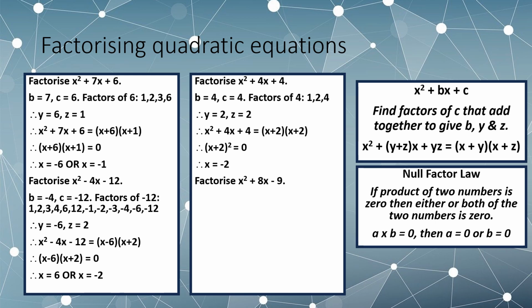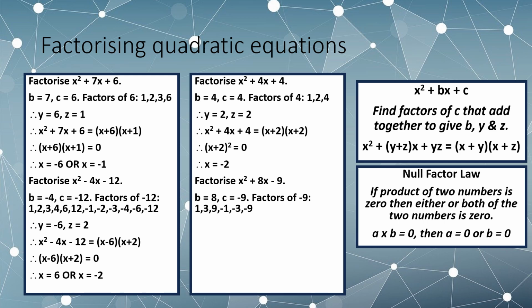Our final example for these straightforward factorizations is x squared plus 8x subtract 9. So our b value is 8 and our c value is -9. Our factors of -9 are 1, 3, 9, and their negative pairs, -1, -3, -9.